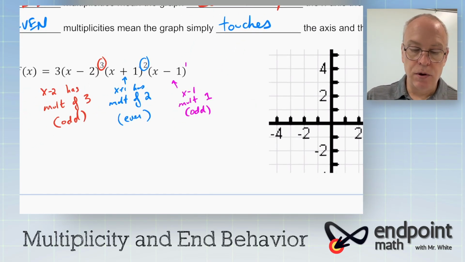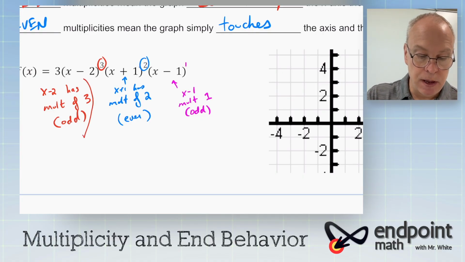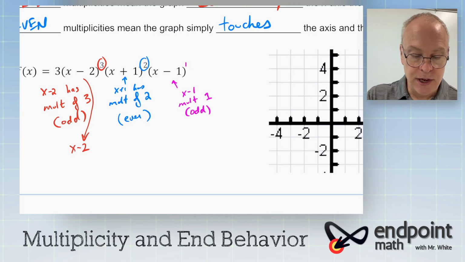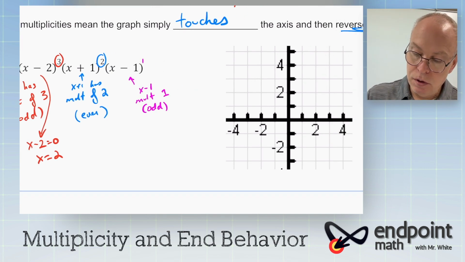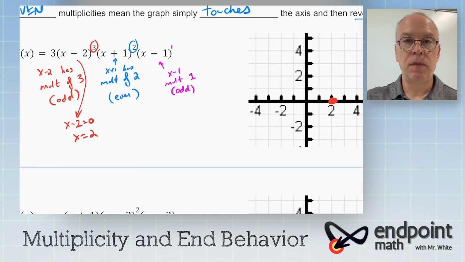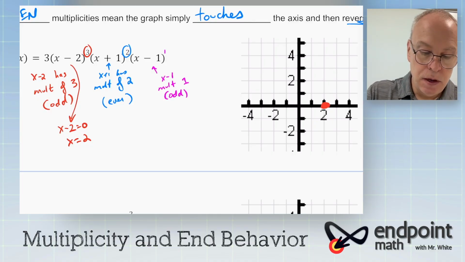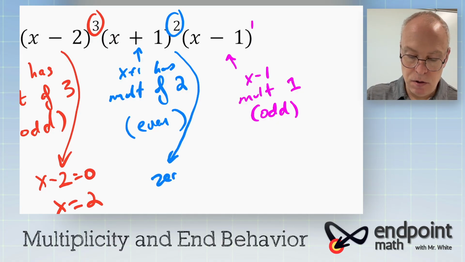All right, let's go through and identify all the zeros. Remember, zeros come from each factor where you set it equal to 0. And yes, you can do this in your head. You don't need to show your work. x equals 2 is an x-intercept. So I'll put a nice clear dot there. All right, let's do the blue one. The blue one here has a 0 of x equals -1.